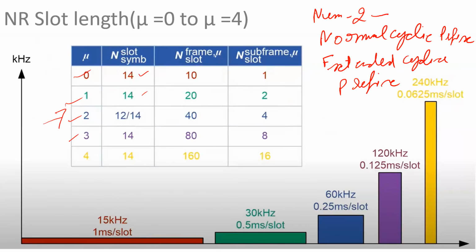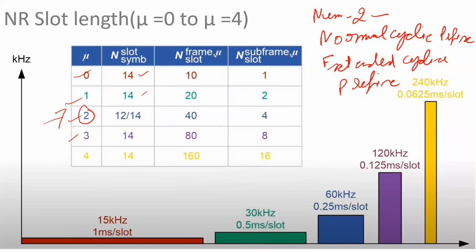So just remember, numerology 2 is always the exception. In case of numerology 2, we can have 12 symbols per slot and we can have 14 symbols per slot. Otherwise, all the numerologies always have 14 symbols per slot.